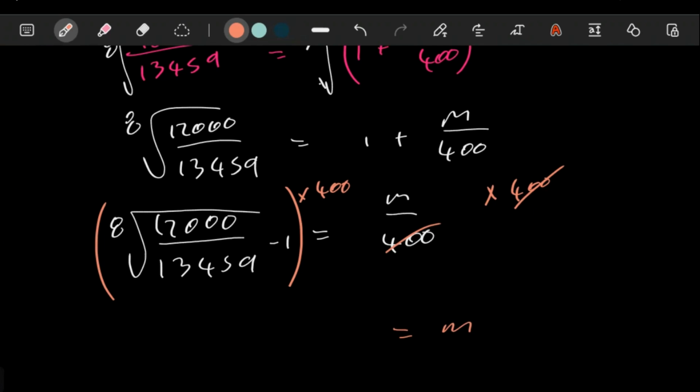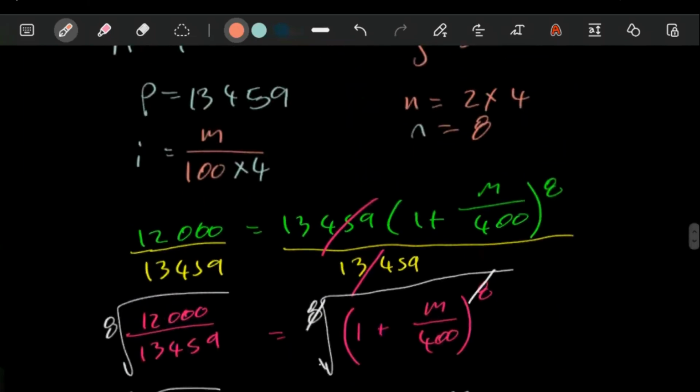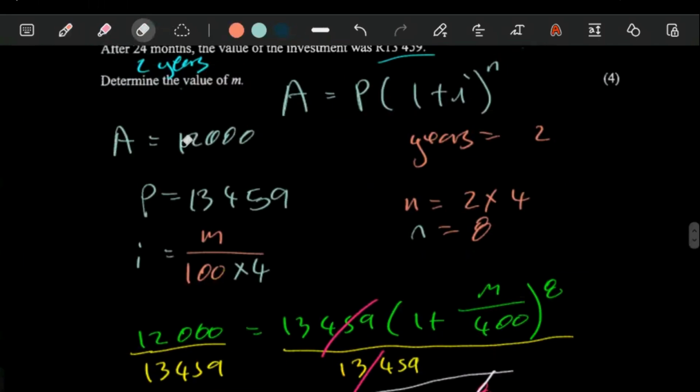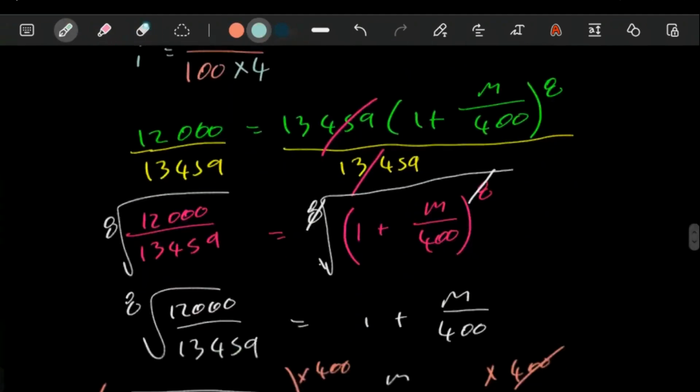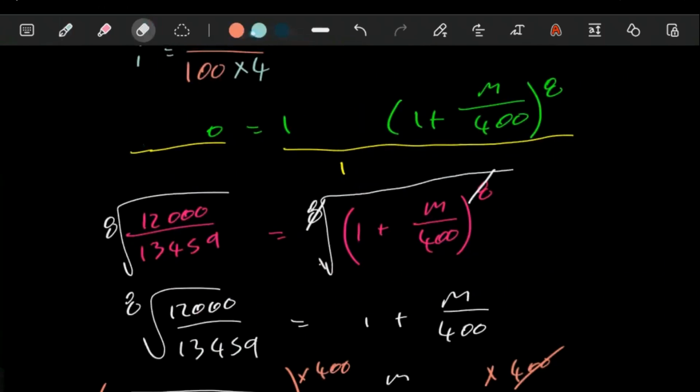This is going to give us, whoa, it's giving us a negative value. Oh, no, I mixed them up. Seriously, it's so annoying. The initial value was 12,000. Hey, I feel like an idiot.